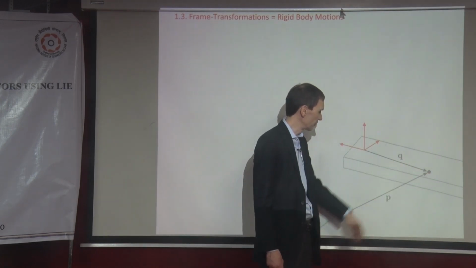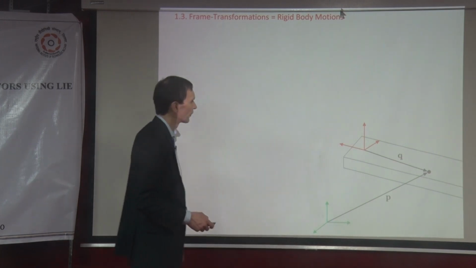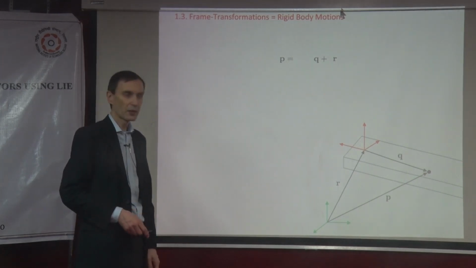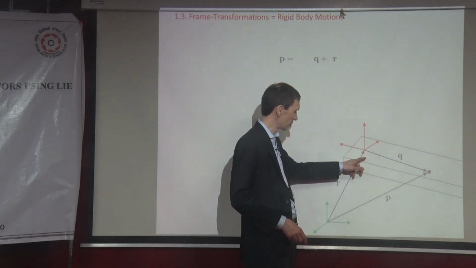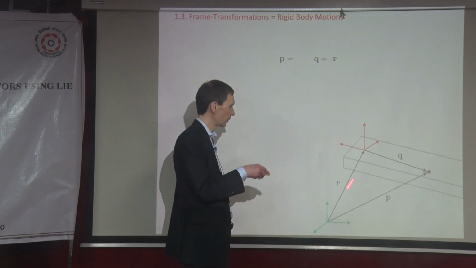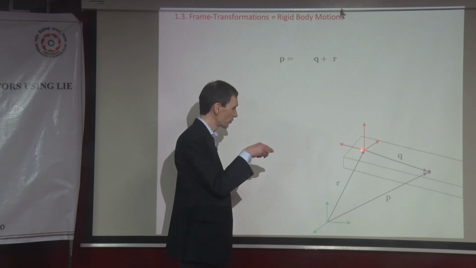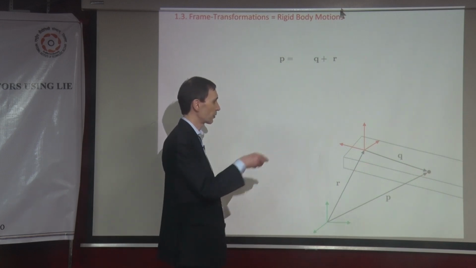Let's call this vector Q, and let's call this vector P. The vector P is the vector R, measured from the green frame to the origin of the red frame, and then from the red frame to Q. So essentially P is R plus Q.